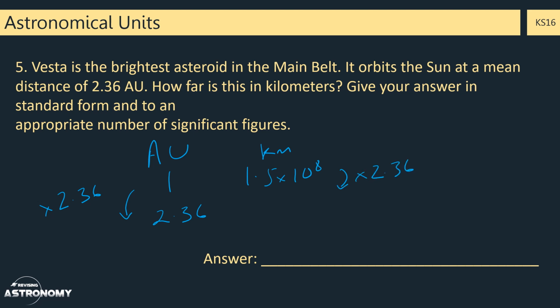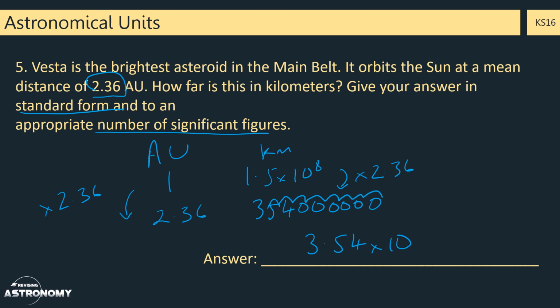We do the same on this side, which will give us 354 followed by 6 zeros. Hopefully I got that right. And it says that we need to give our answer in standard form, so therefore to an appropriate number of significant figures. I'm going to use the same as the question, which is 3. That will be 3.54 times 10 to the 8 kilometres.